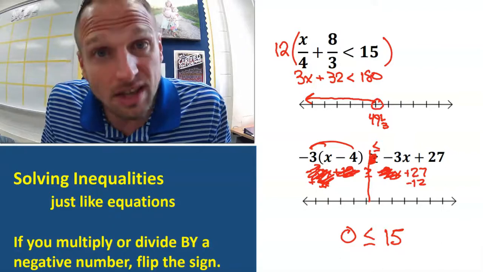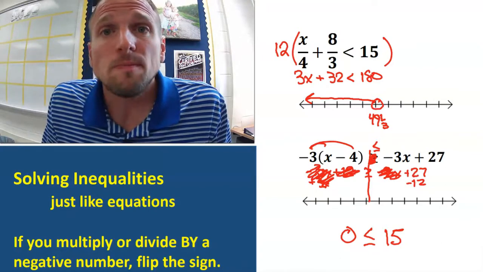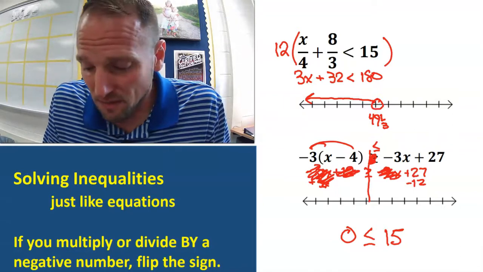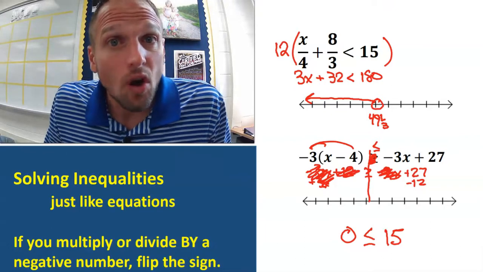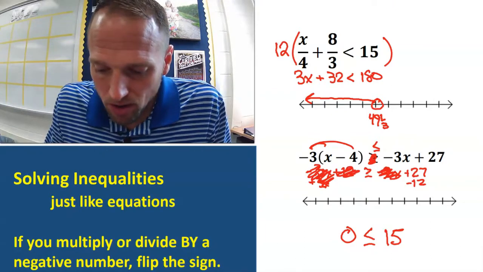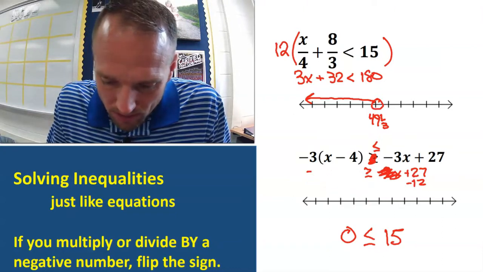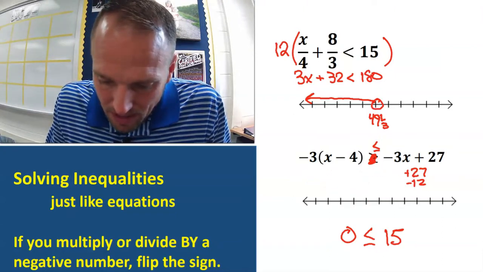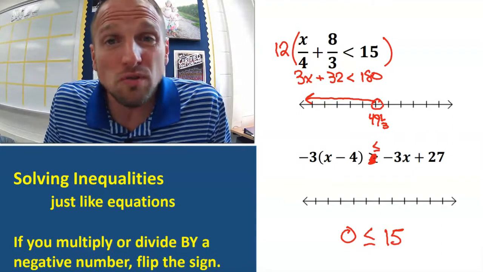When is 0 less than 15? Always. 0 is always less than 15. So this is actually all real numbers. It doesn't matter, going back to this original inequality, if that had been less than or equal to the whole time, then that would mean it doesn't matter what you put in for x, it's always going to be true.